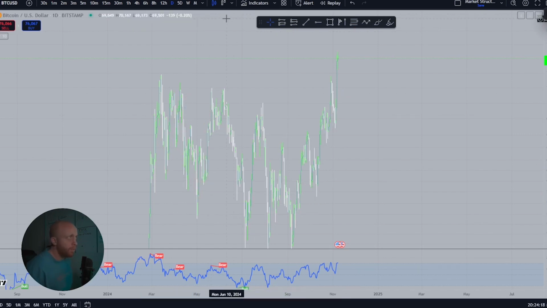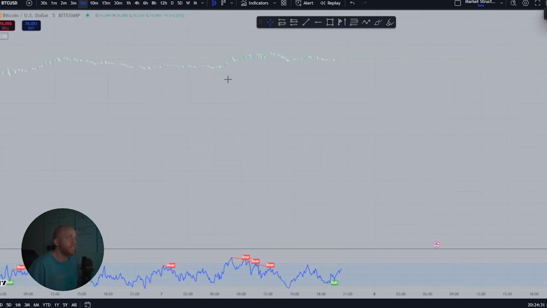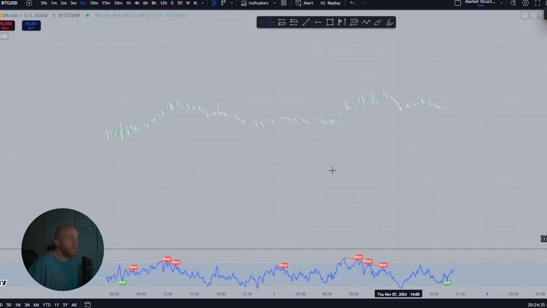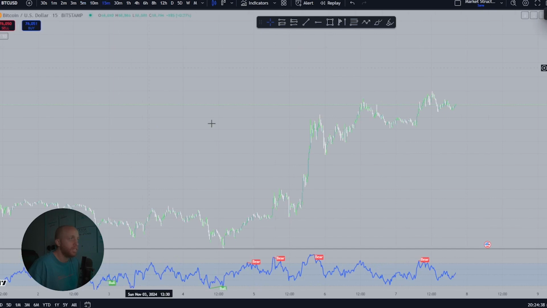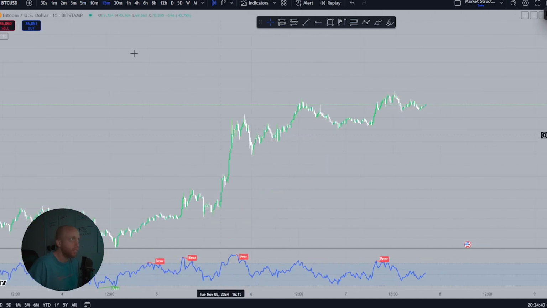What I mean by time frames is up here, you'll see all these time frames. What these represent is that each candle is that time frame. If I go to the 5 minute, each candle is 5 minutes. Same thing with the 15, now each candle is 15 minutes.